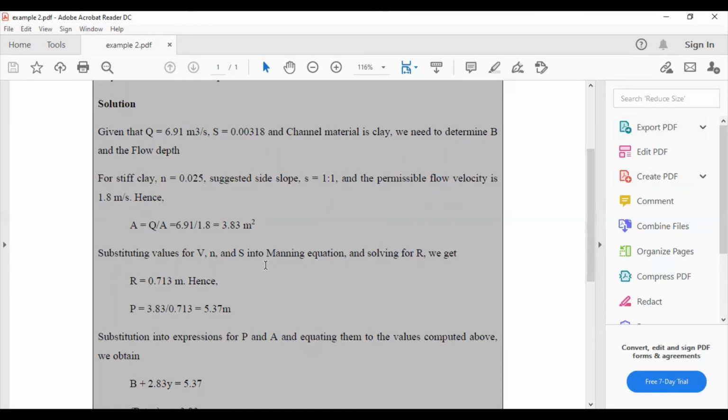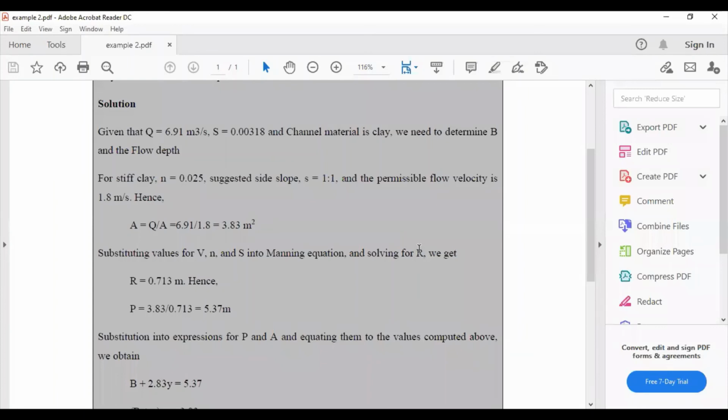Then we saw that in those formulas, there was the velocity, there was the n value, and there was the slope, and there was another value, the hydraulic radius.